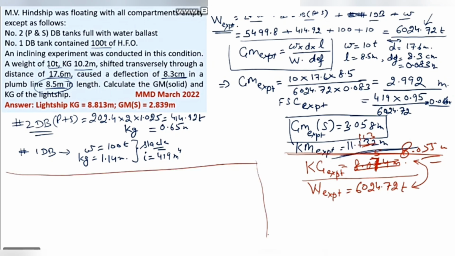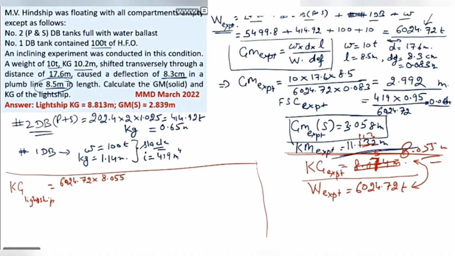Now what does he want? Calculate the GM solid and the KG of the light ship, guys. Now KG of the light ship will be equal to the vertical moment of the ship in the experiment condition, that will be 6024.72 into 8.05. This is the vertical moment of the ship in the experiment condition minus the vertical moments of those weights which do not belong to light ship.